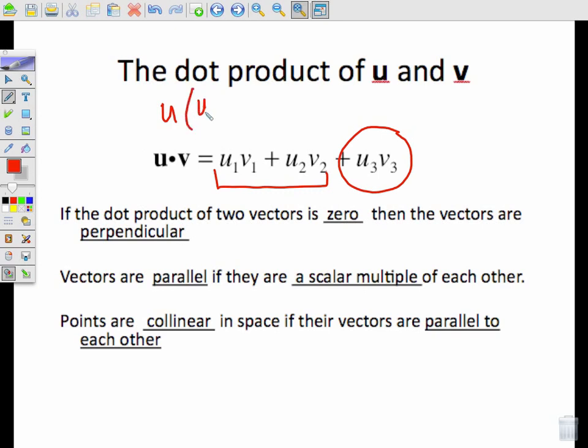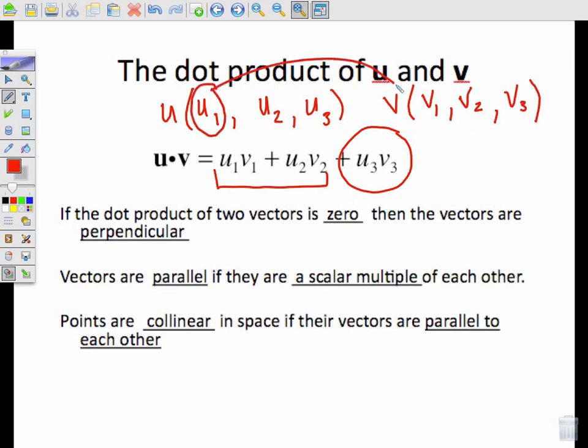So here again, you have vector u, which is u1, u2, u3, and vector v, which is v1, v2, v3. So we're going to multiply u1 times v1, u2 times v2, u3 times v3, and you add them all together. Now if the dot product is 0, then the vectors are perpendicular.